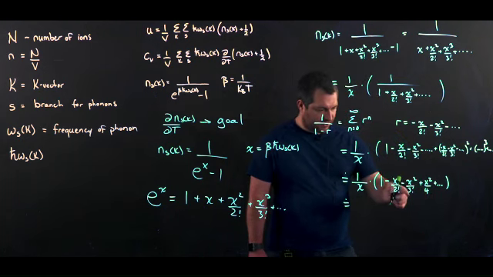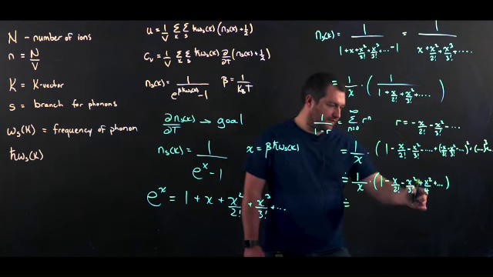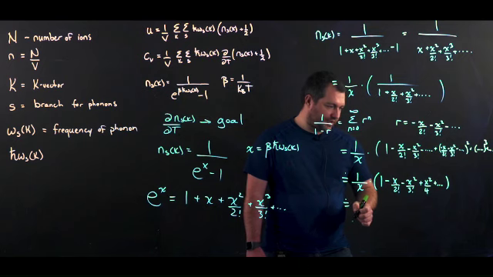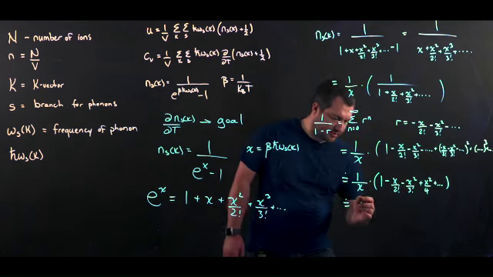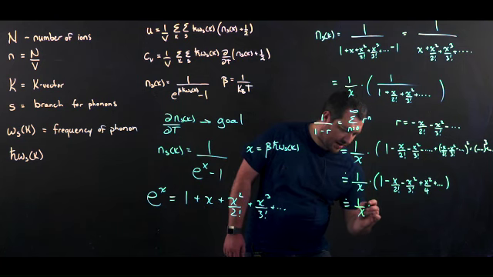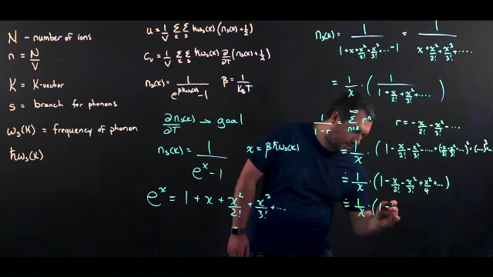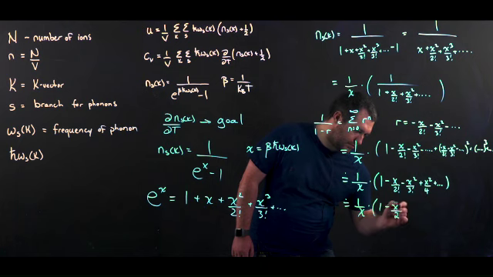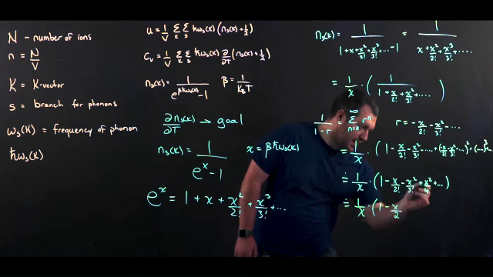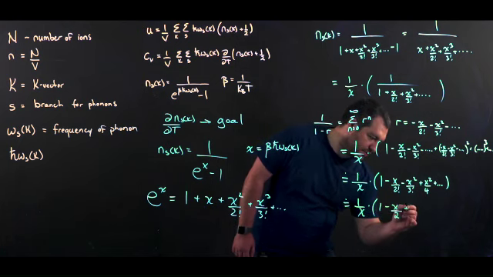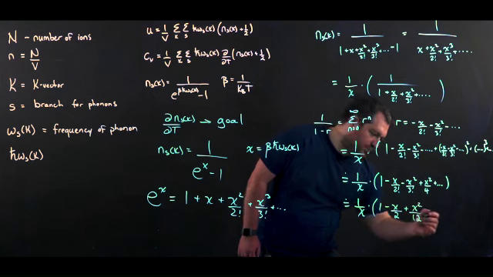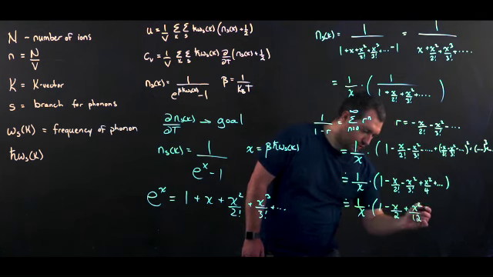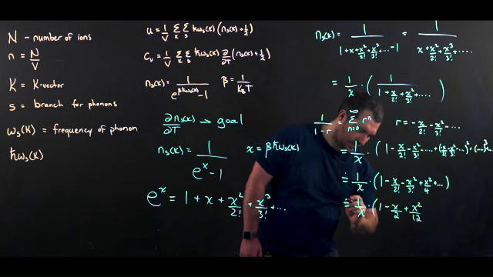So if I take this number, I can get 2 of these. And for 4, I can get 3 of these. So I should have 3 of these minus 2 of these. So I'm going to get 1 over x of 1 minus x over 2, because 2 factorial is just 2, plus x squared over 12, plus higher order terms that are just too small to matter. So I'm saying approximately.